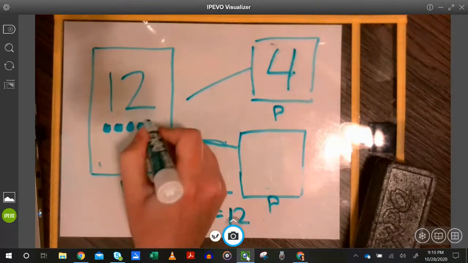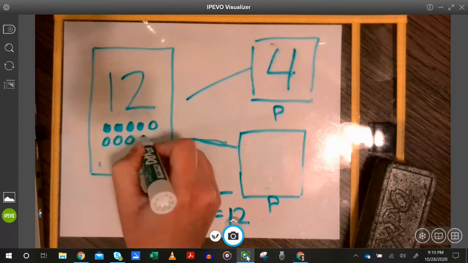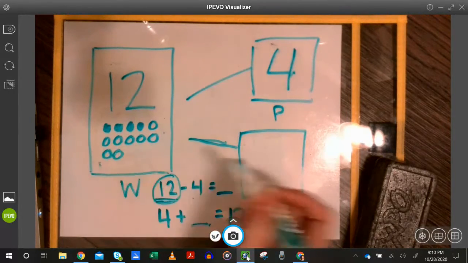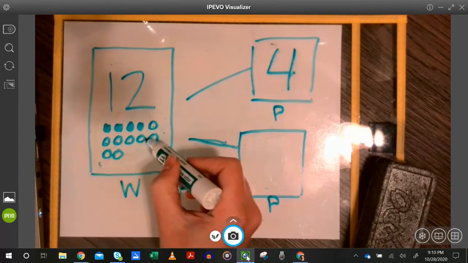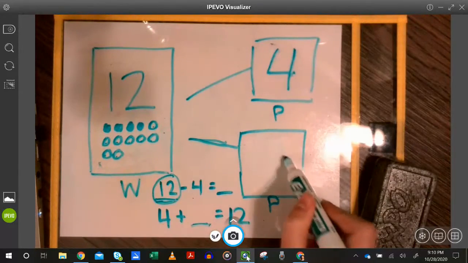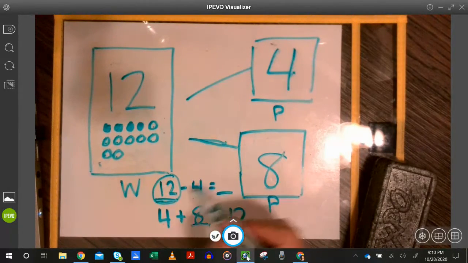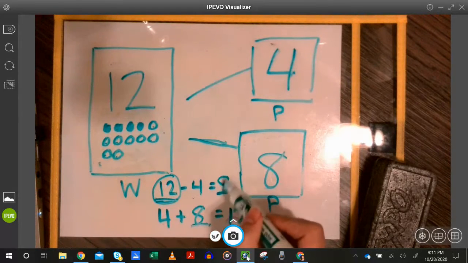So there's my 4, 5, 6, 7, 8, 9, 10, 11, 12. What did I add to it? 1, 2, 3, 4, 5, 6, 7, 8. So I added 8 to it. 4 plus 8 equals 12, just as we saw that 12 minus 4 equals 8.